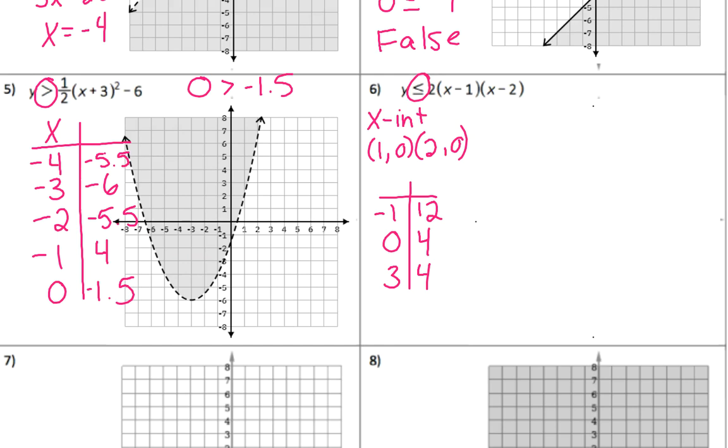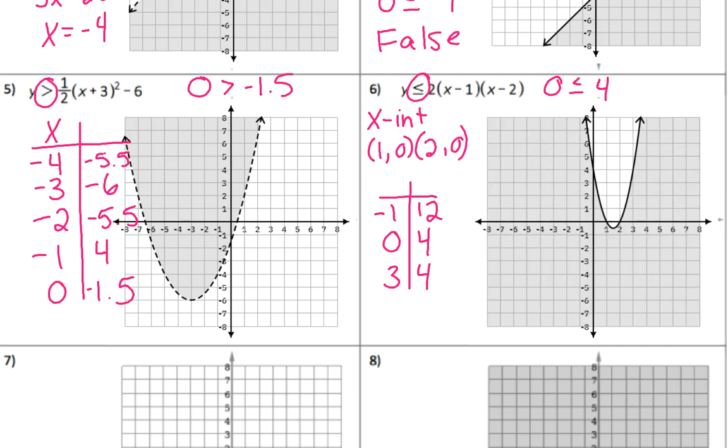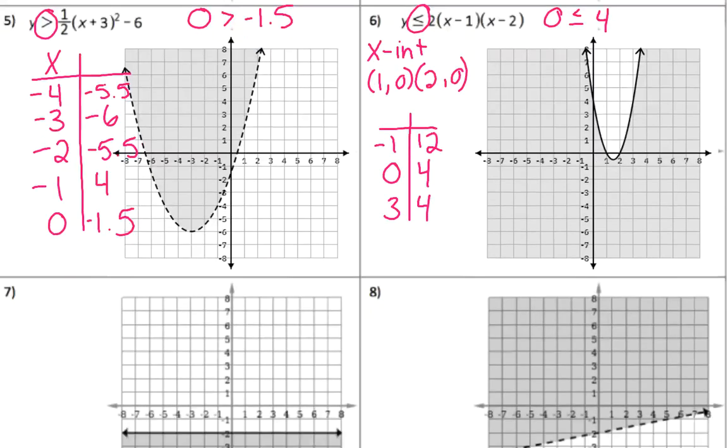That tells me that it's going to be a solid line that I'm going to use. And then I would just test if I plug in 0, 0 for my x and y. I know that I get out 4 on this side. So this says 0 is less than or equal to 4. That is true. So again, I am going to shade towards 0, 0. So that would be the outside of the parabola. So that's what that one would look like.